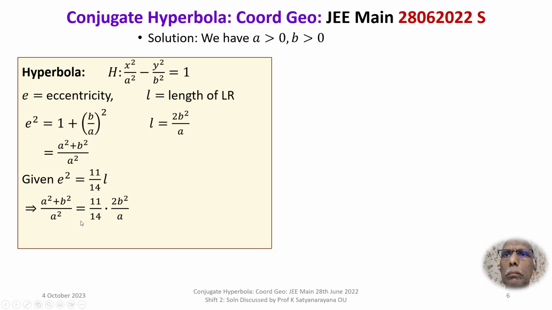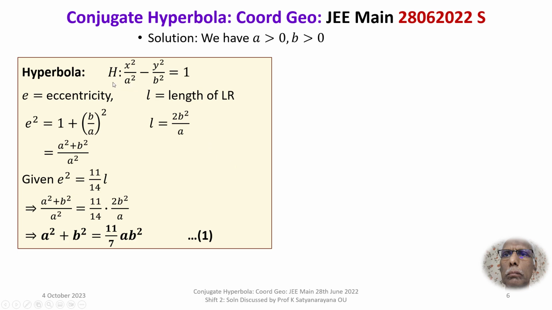In the denominator, cancelling the a, one a remains, and 2 7s are 14, so it will be 11 by 7 a b square. So this will imply a square plus b square is equal to 11 by 7 a b square. Call this relation 1.